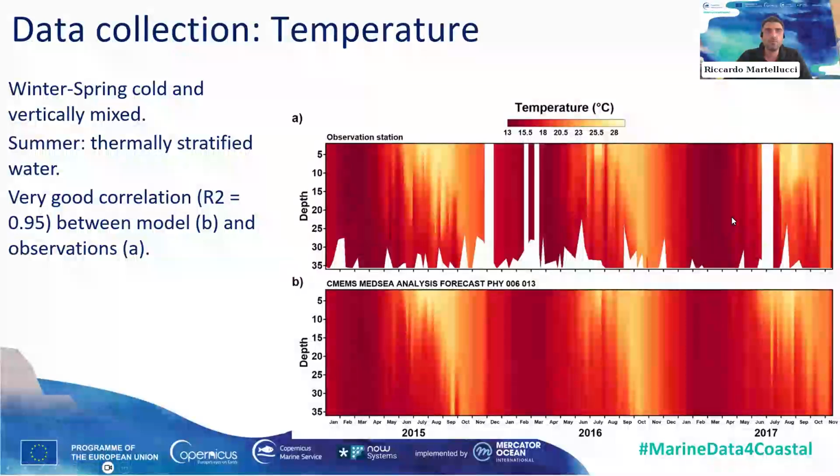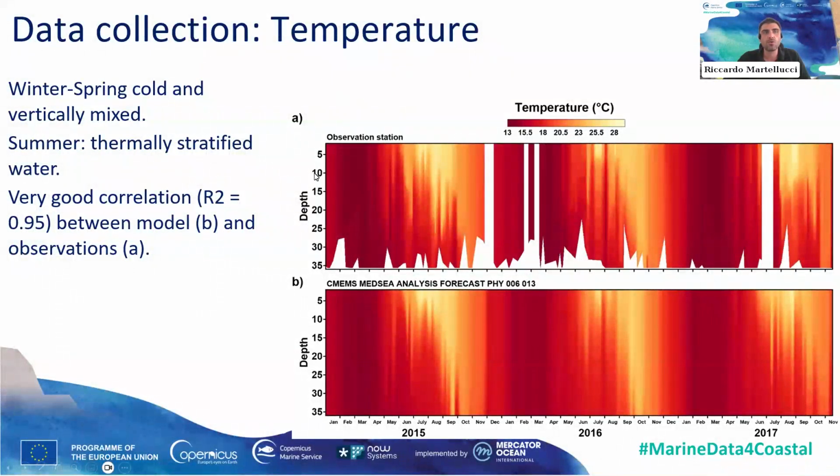Then we can move to the data collection. Here on top, you can see the observation station for temperature and then for the model. As a first approach, there is a very good correlation between the model and the observation in reproducing the typical temperature for the temperate climate in the mid latitude.